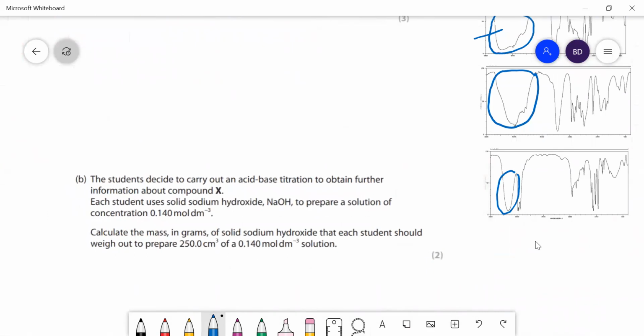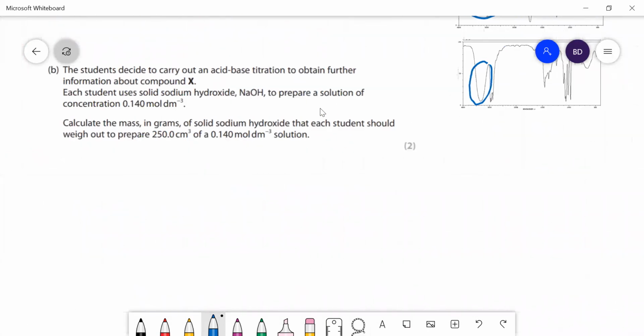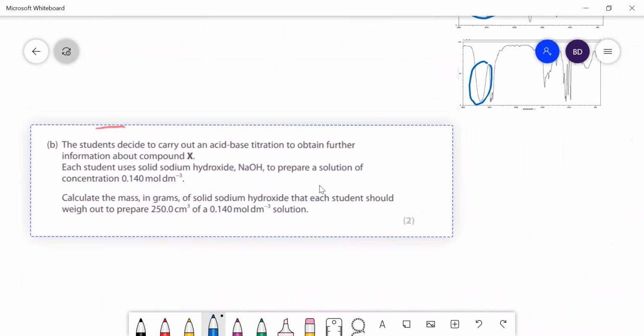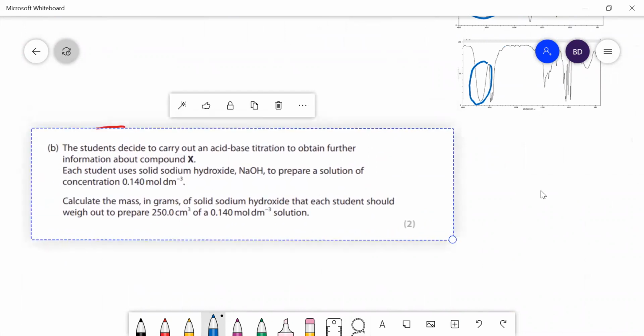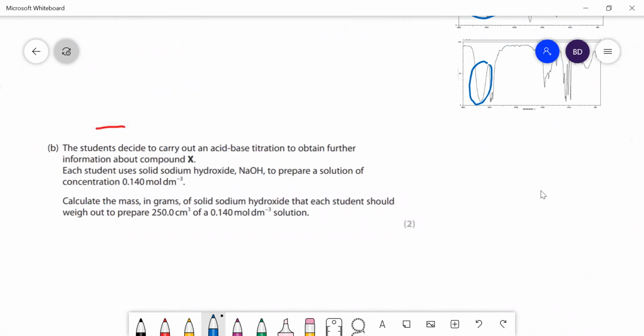Okay, so the students decided to carry out an acid-base titration to obtain further information about X. Each student uses solid sodium hydroxide to prepare a solution of that concentration. Calculate the mass of sodium hydroxide the student should use to prepare 250 centimeters cubed of solution. First of all, you need to write down the moles of NaOH, which is the concentration times the volume.